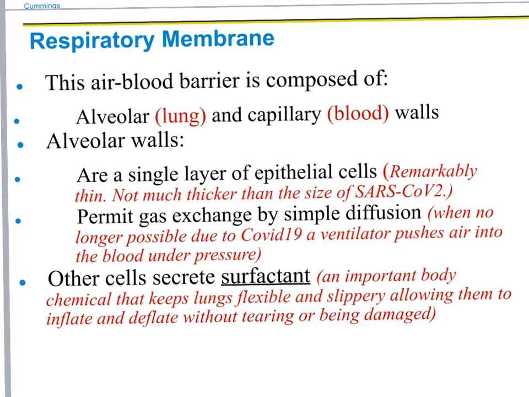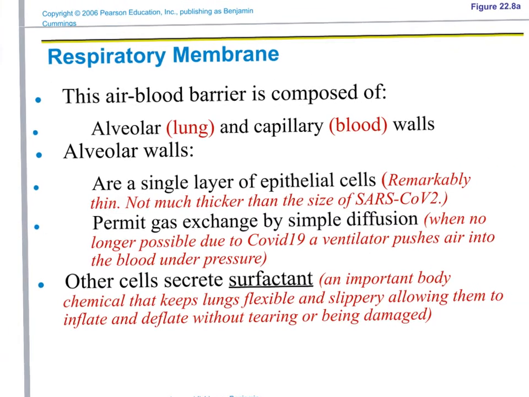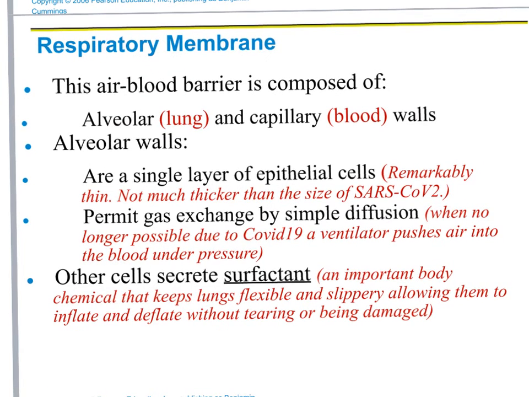But the thinness also might be part of the problem here, that any disturbance to that layer is going to cause problems. The idea of putting someone on a ventilator when they're suffering from COVID-19 is that simple breathing in and out does not get the air into the blood. It doesn't allow the actual oxygen to enter your body, so to speak.